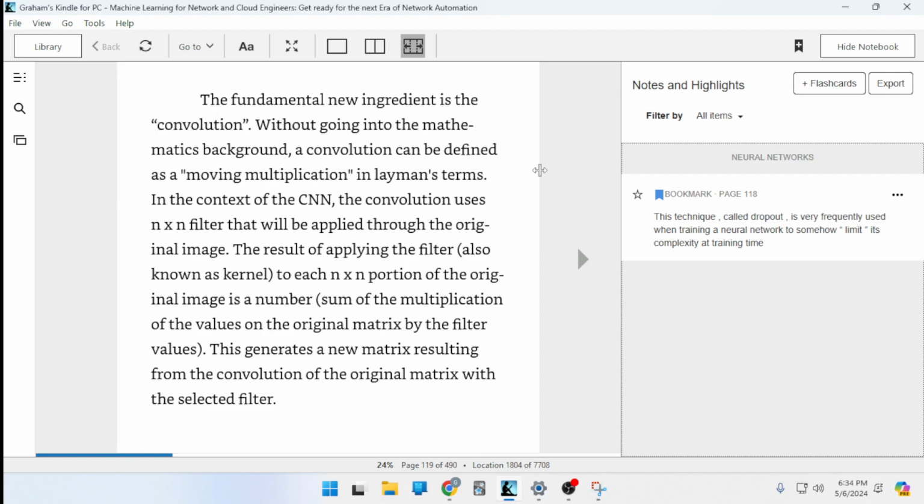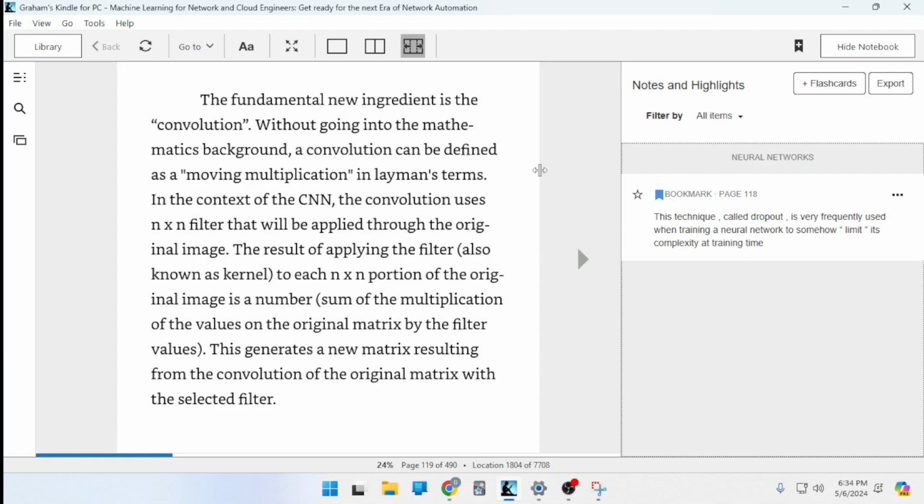In the context of the CNN, the convolution uses an NxN filter that will be applied through the original image. The result of applying the filter, also known as kernel, to each NxN portion of the original image is a number, the sum of the multiplication of the values on the original matrix by the filter values.